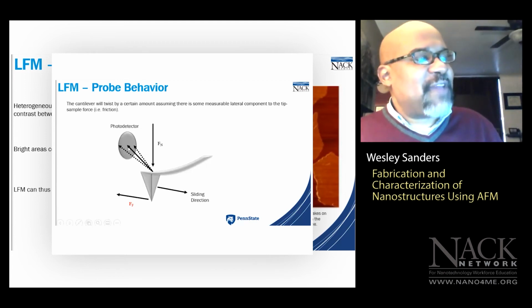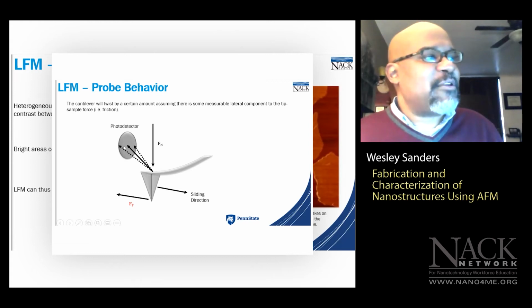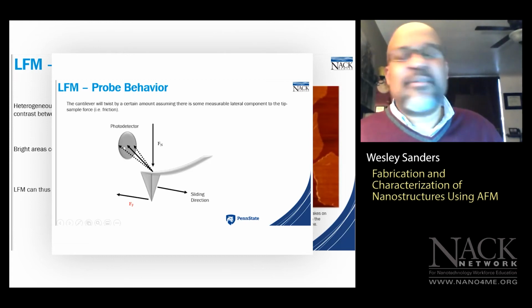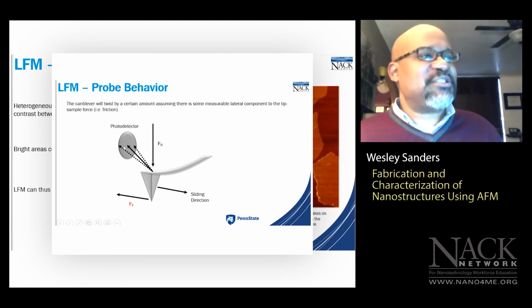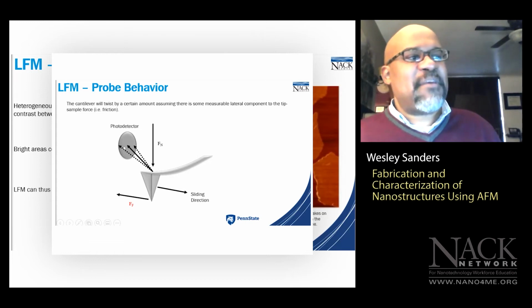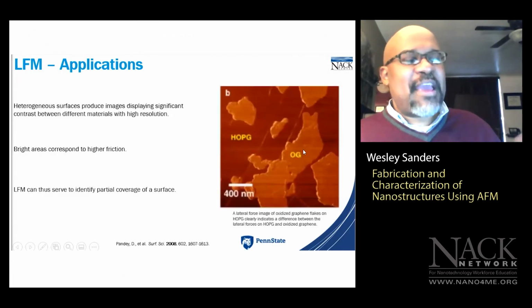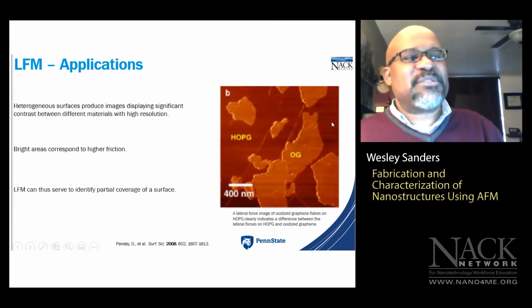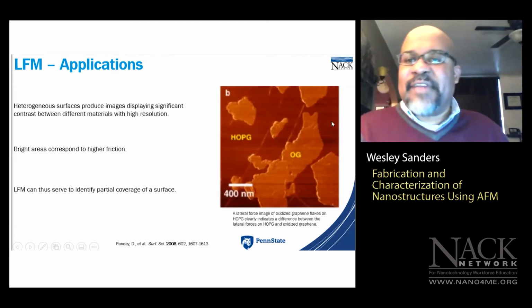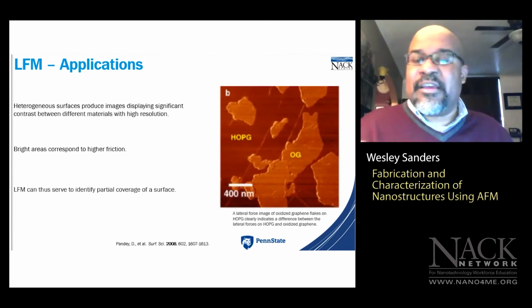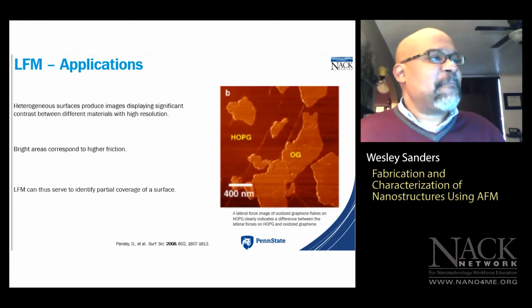So that means the reflected laser beam is going to move a smaller horizontal distance across the photodetector, generating a smaller analog voltage that's then processed to create our LFM image. So that's how the AFM system is able to discern rough areas from smooth areas, by how far the reflected laser beam moves horizontally across the photodetector.